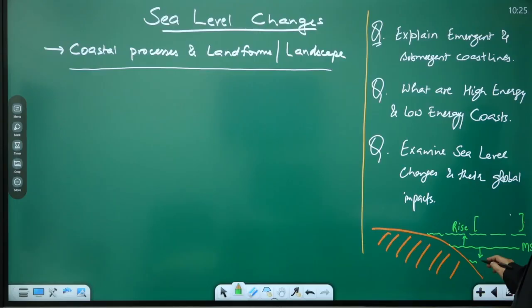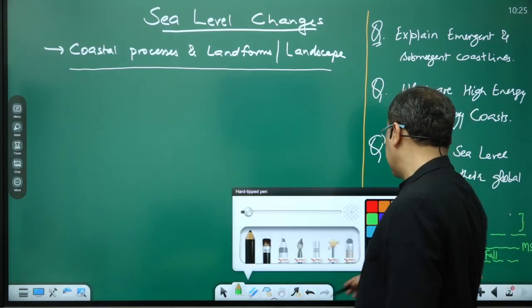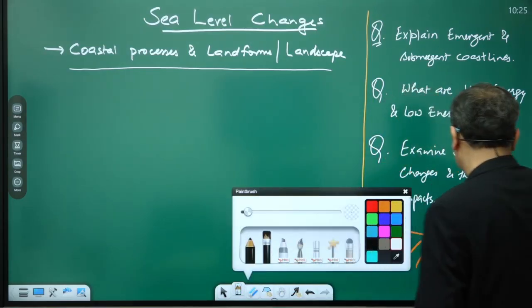And if there is a fall in sea level, it will be called a negative movement.